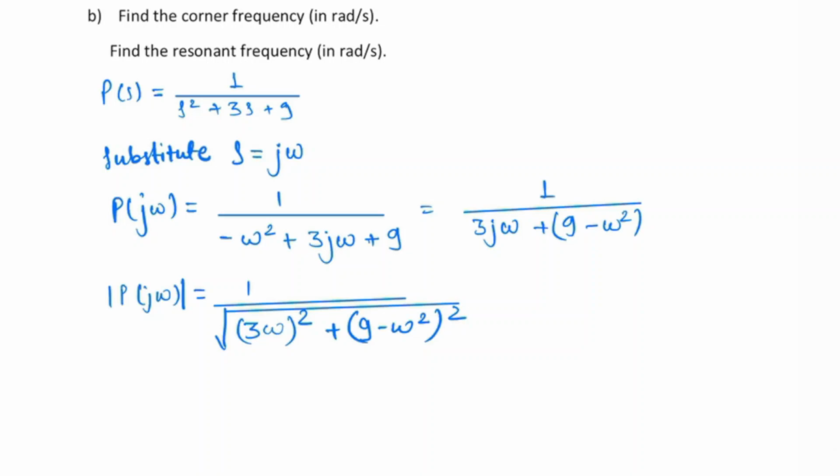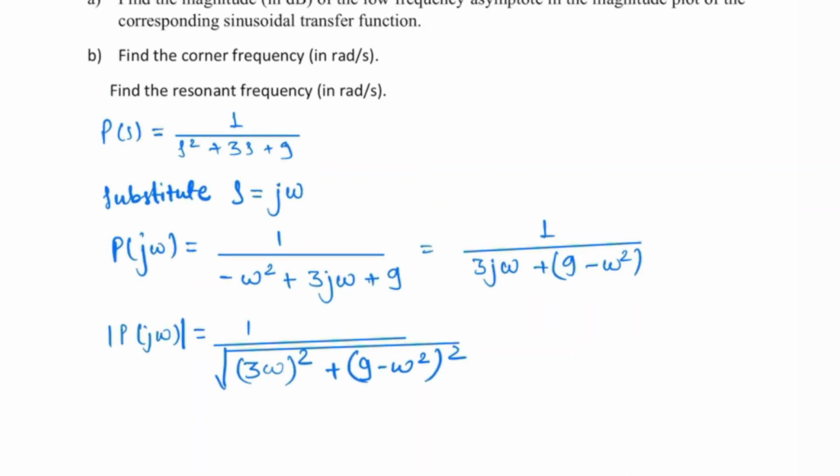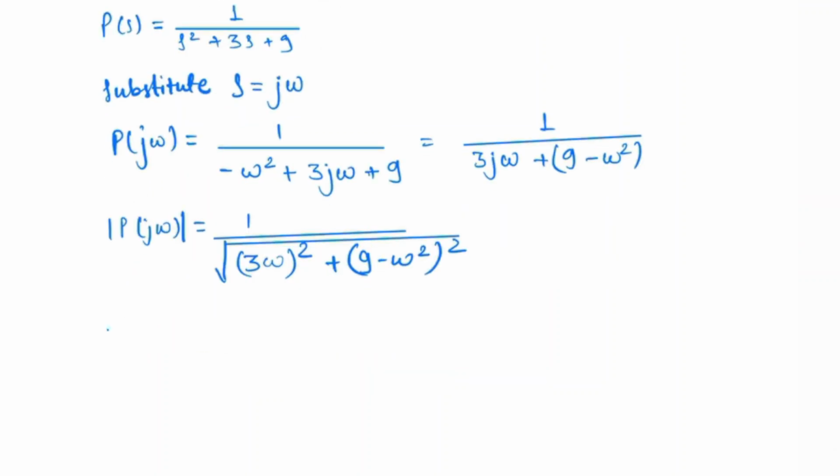So now we have to find the low frequency asymptote. This low frequency asymptote is found when omega tends to 0.